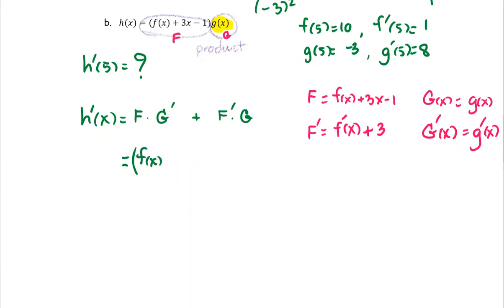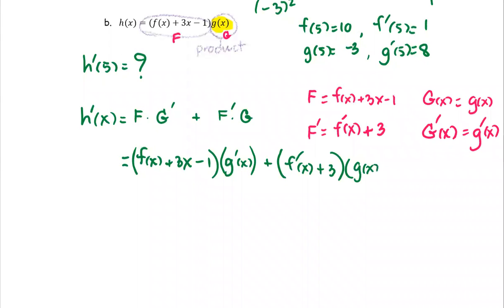So this is the f plus the 3x minus 1, and then multiplied by the g prime, which is the lowercase g prime of x, and then plus, I put parentheses here, the F prime, which is the quantity of the prime of the lowercase f plus 3, multiplied by the G, which is the lowercase g of x. I put everything in my placeholder. Okay, this is for the general derivative of h at x, any x.